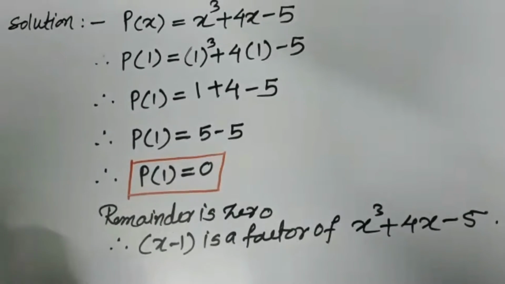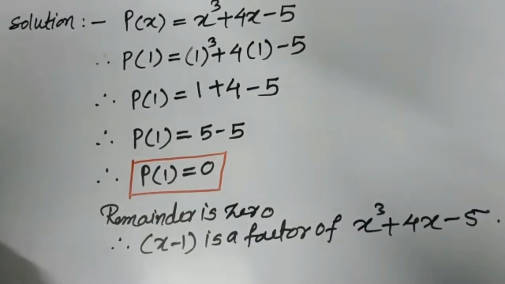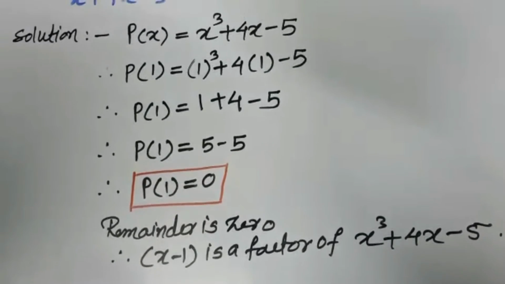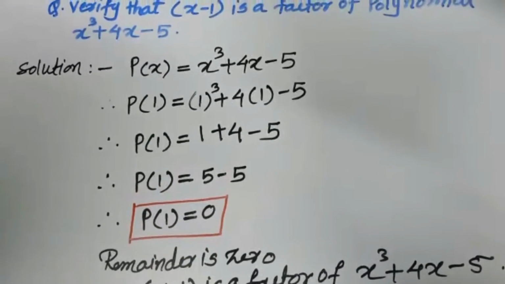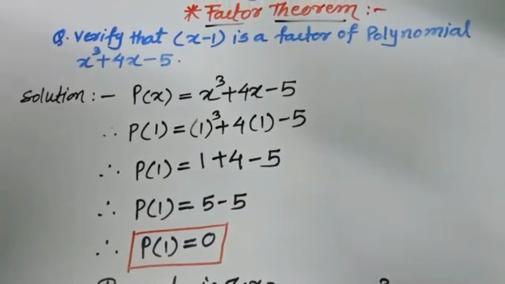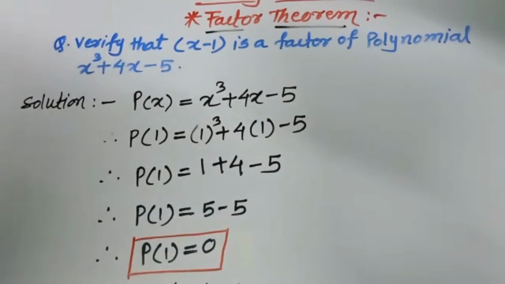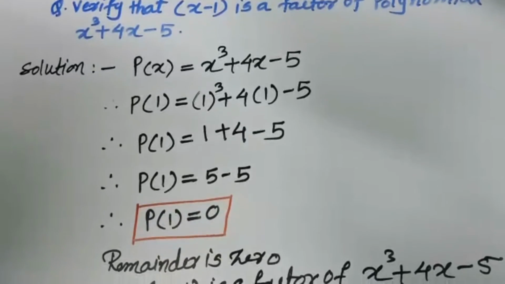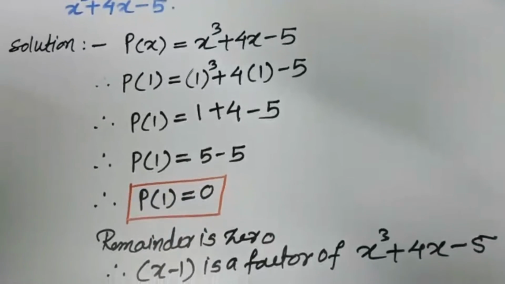Understood? So what is meant by factor? After putting that divisor's value in place of the variable, if you get 0 as the value of that polynomial, or the remainder, then we can say that the divisor, the second polynomial, is a factor of that first polynomial.